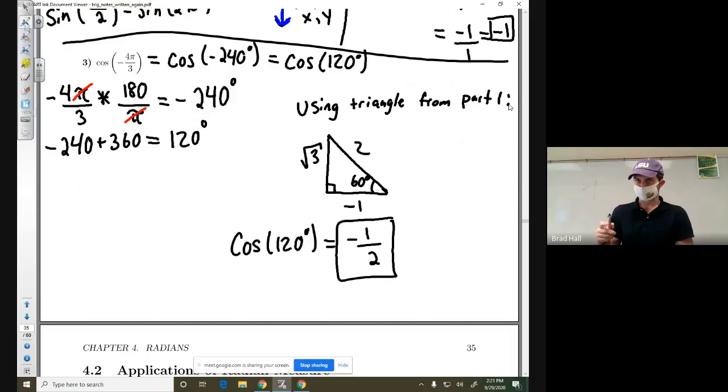Does anyone have any questions about this? If not, that concludes radians, a brief introduction to radians. And this homework, probably get it to me by Friday at midnight.